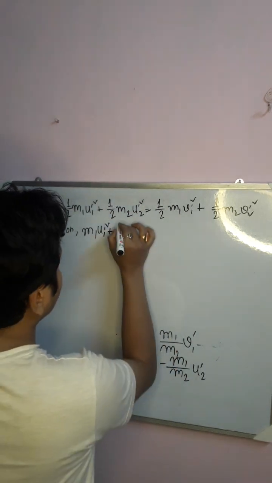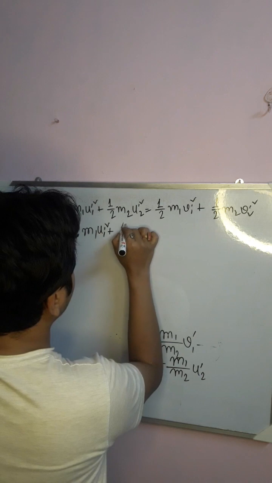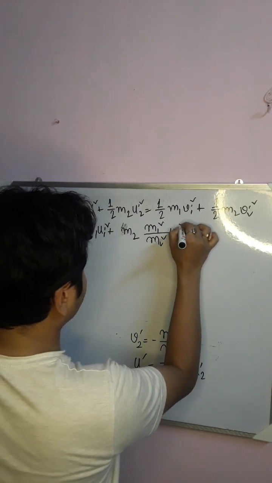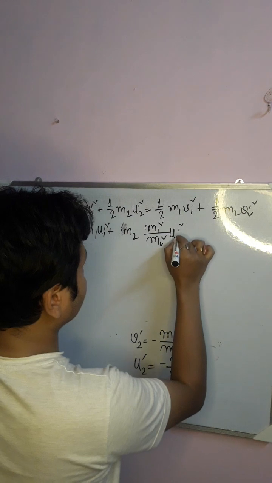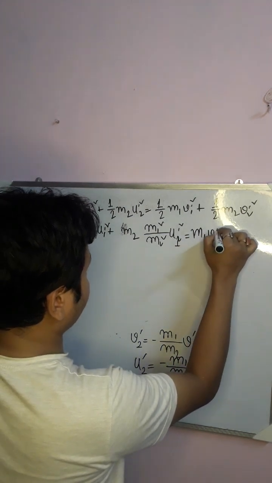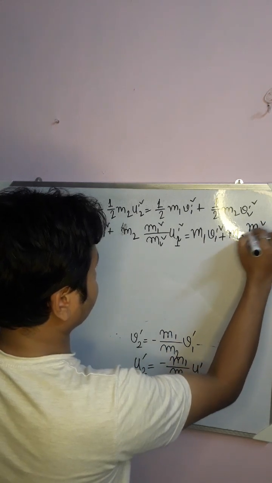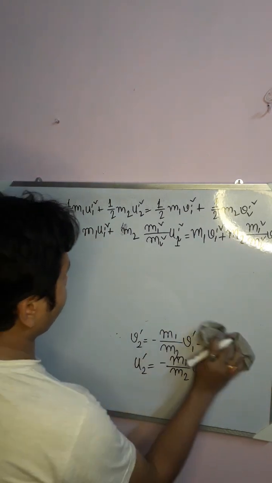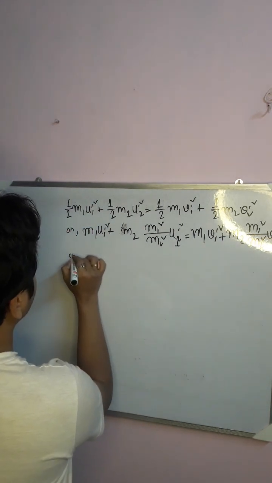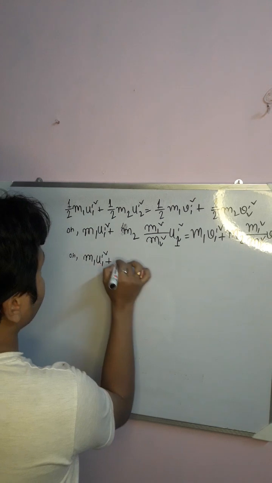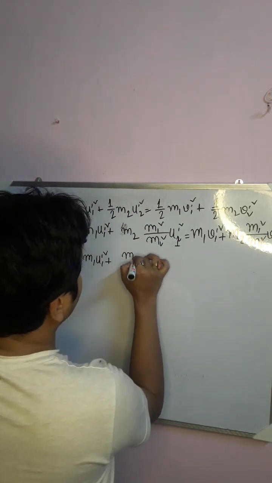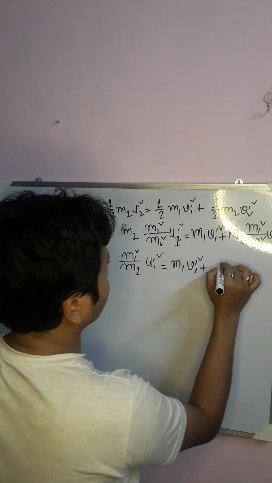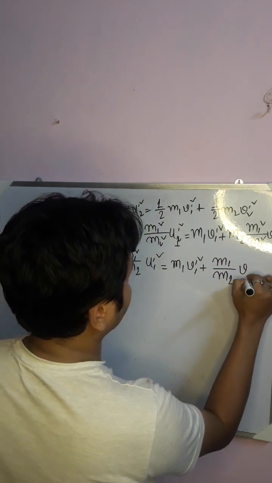So we can put the value of u2 dash, which is m1 square by m2 square u1 dash square. Then m1 u1 dash square plus m1 square by m2 u1 dash square equals m1 v1 dash square plus m1 square by m2 v1 dash square.